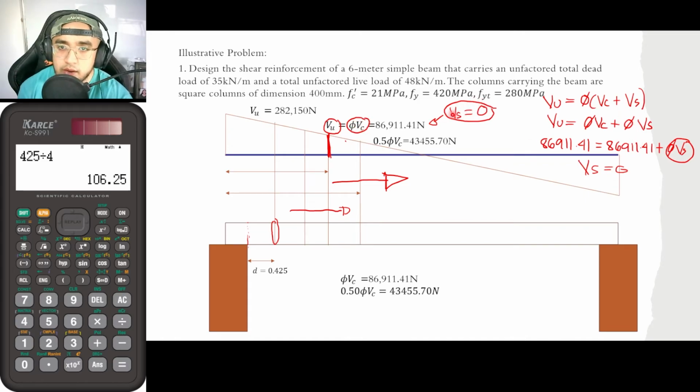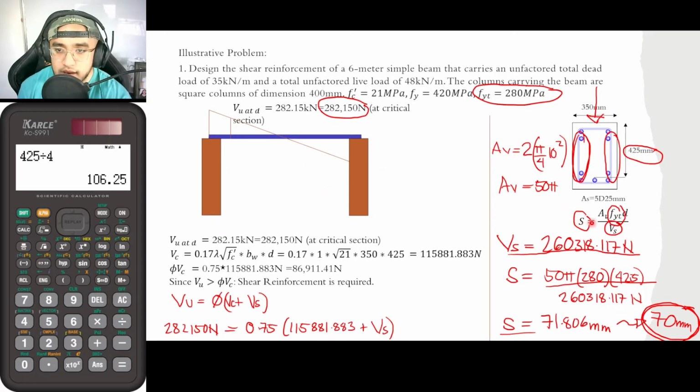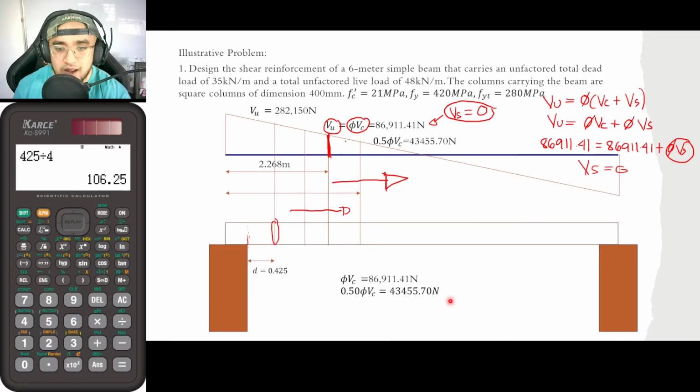And if VS is equal to 0, meaning that if you would be solving for, let's say, the spacing using this equation and substituting VS equal to 0, you would be arriving at an answer of infinity. So infinity spacing means spacing of steel rebars is actually not required there.